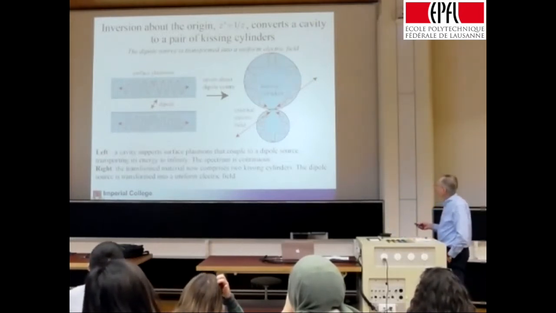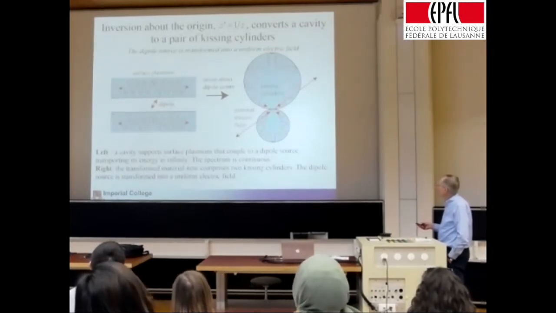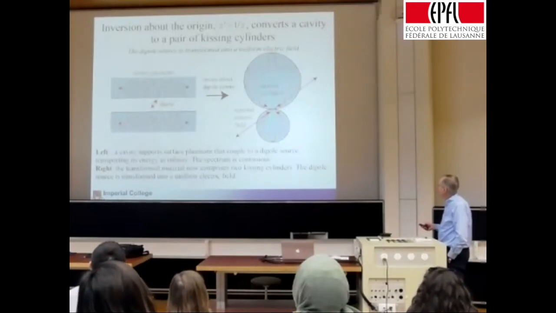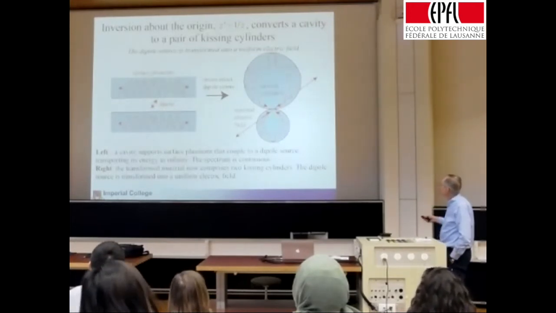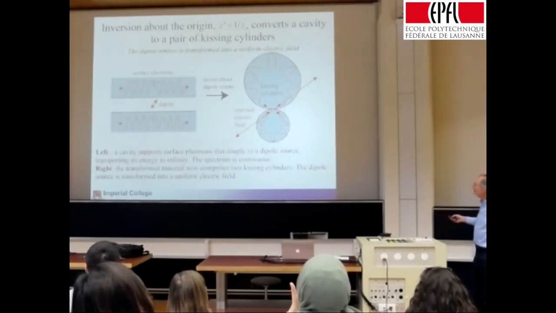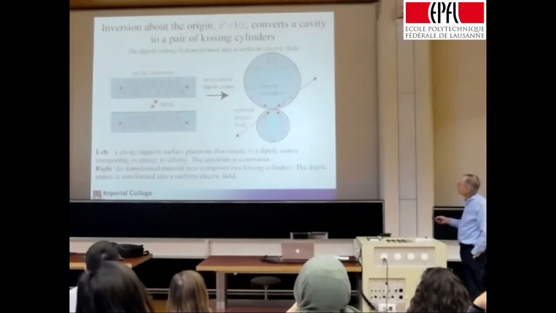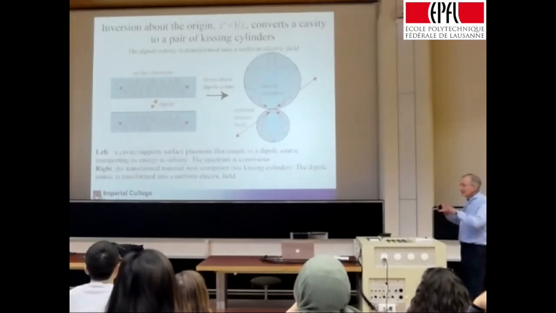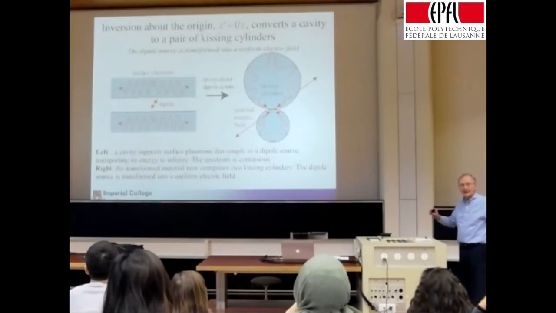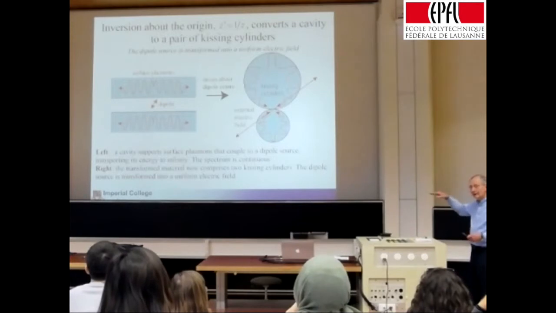And so this dipole here produces a dipole field, but when you invert about the center, the two charges go to plus or minus infinity, and that creates a uniform electric field, which could be created by some incident electromagnetic radiation. But what this dipole does here is it extracts these surface plasmons, and because this system is a waveguide and translationally invariant, these surface plasmons are just plane waves going off to infinity.